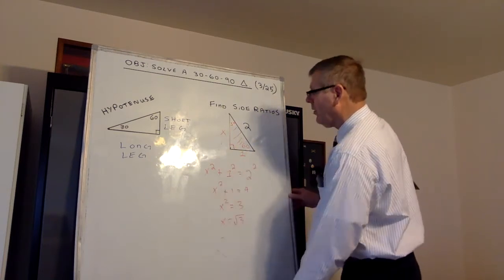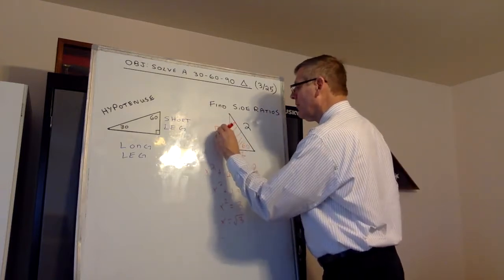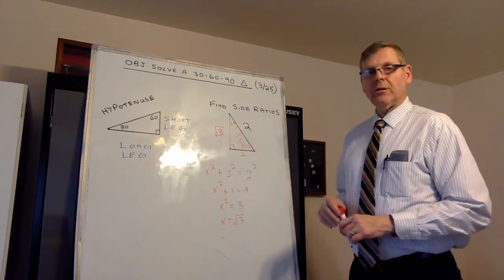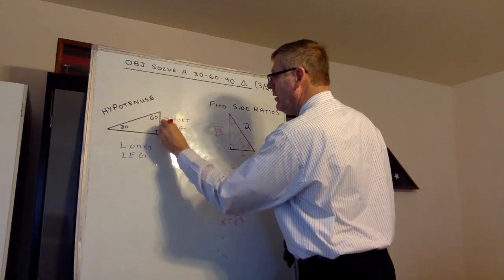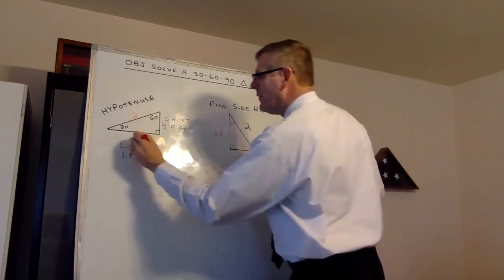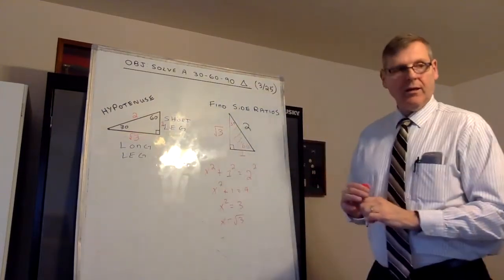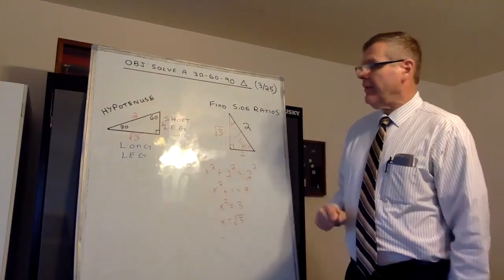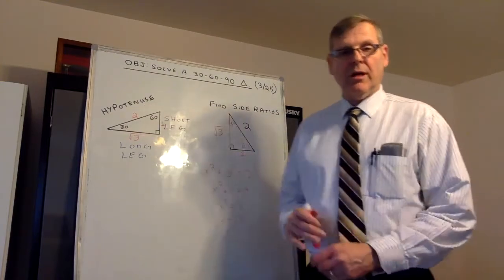So I now know that this side is the square root of 3, and I now have my ratios for any 30, 60, 90 triangle. If the short leg is 1, the hypotenuse will always be twice that length, and the long leg will be square root of 3 times that length. These ratios are important, and that's how we're going to be able to solve problems for 30, 60, 90 degree triangles.